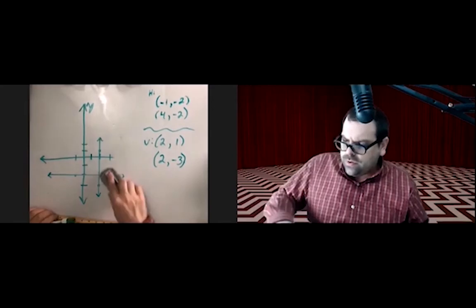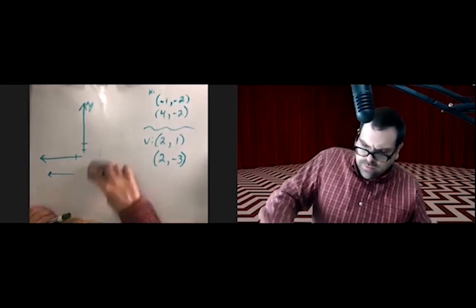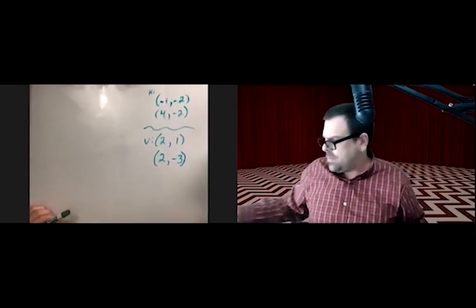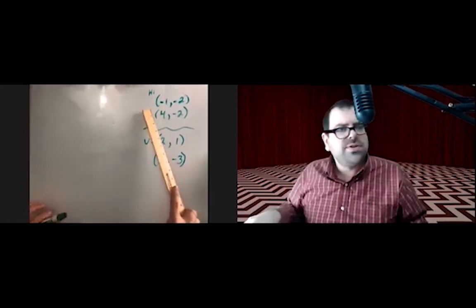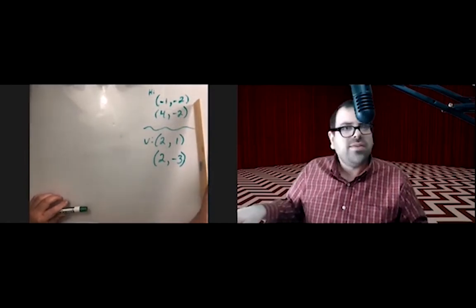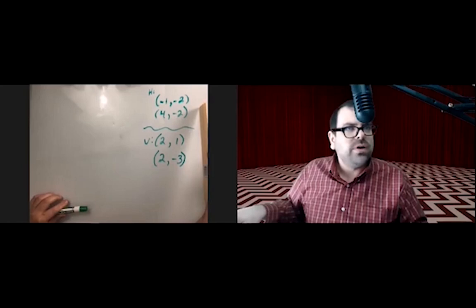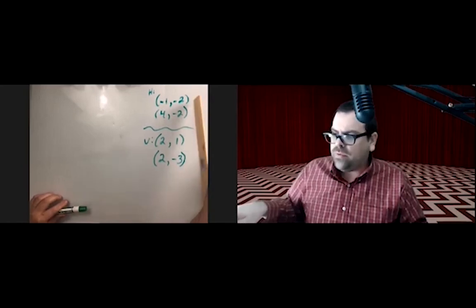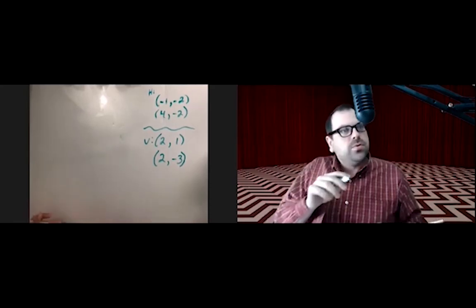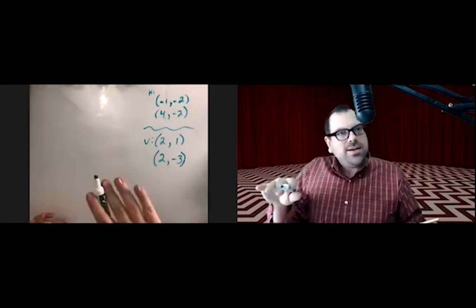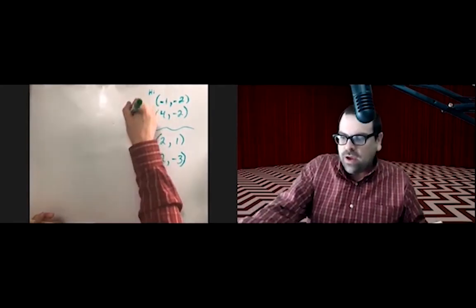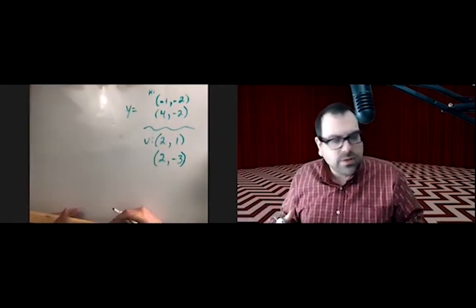So a horizontal line we can see has the same y coordinate. They're both -2. But that shouldn't surprise us because a horizontal line strikes the y-axis and is therefore the y equals a number.